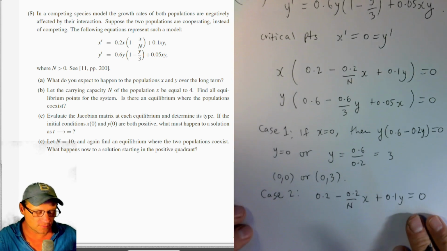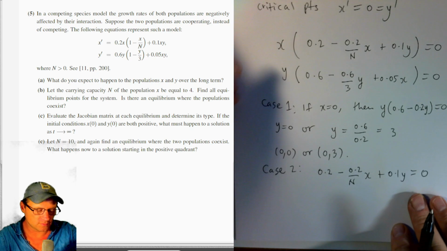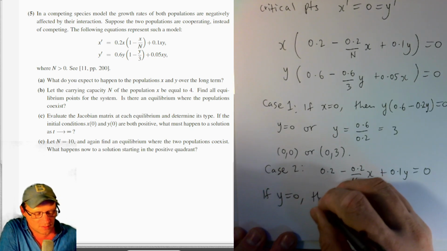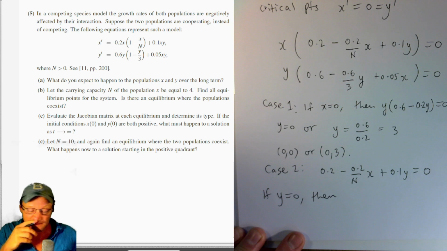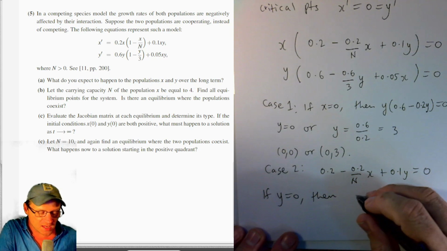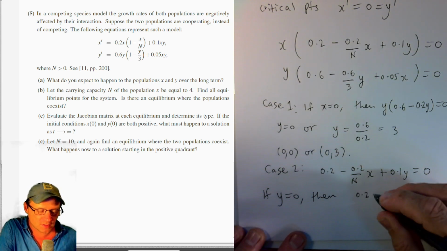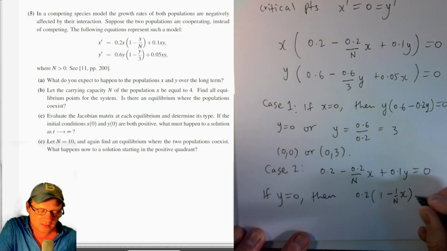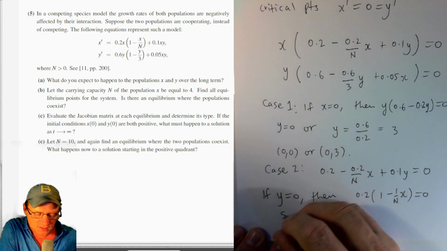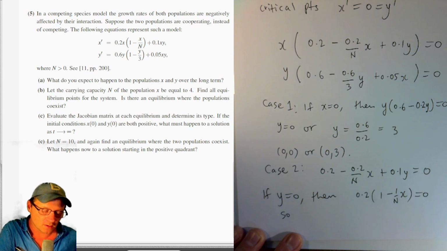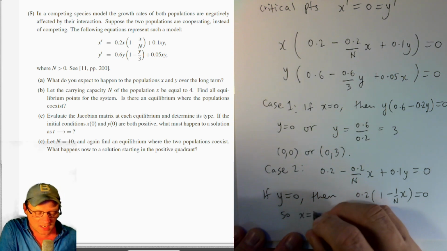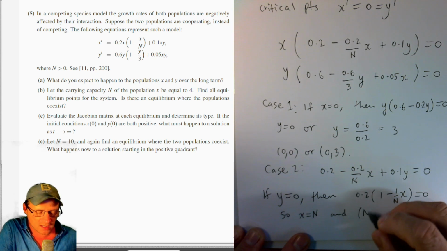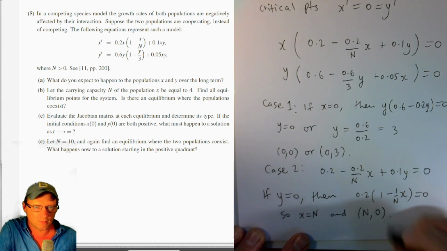Okay? So if Y equals 0, then we get 0.2 outside of 1 minus 1 on N times X is equal to 0. So X would have to be equal to N. And we get the critical point N, 0.